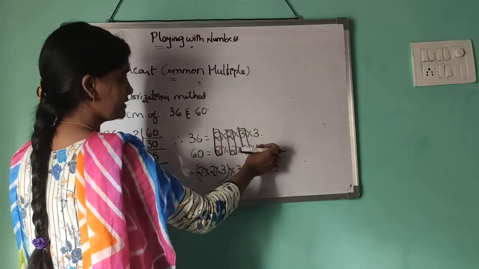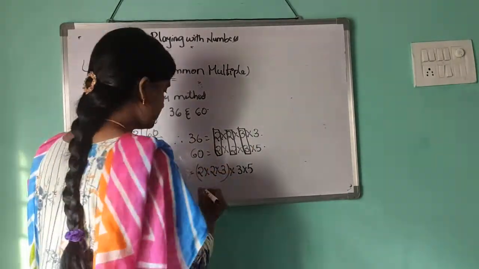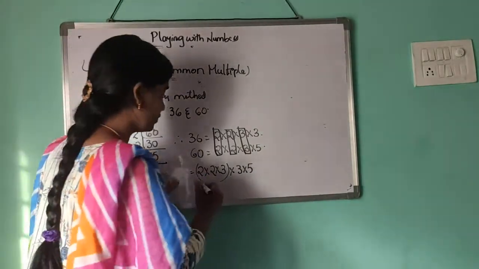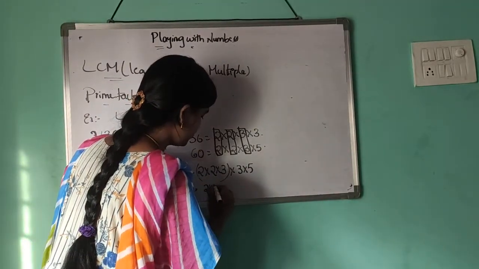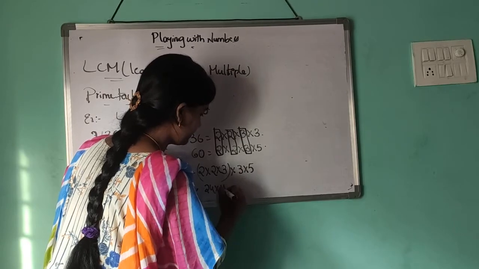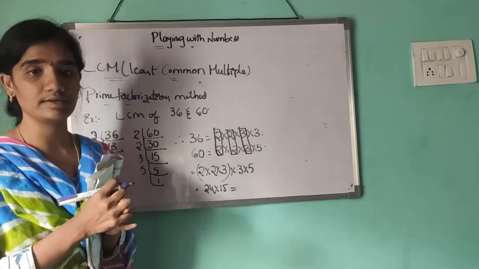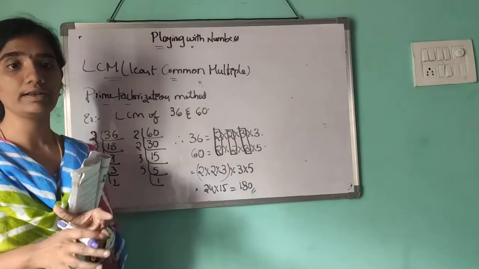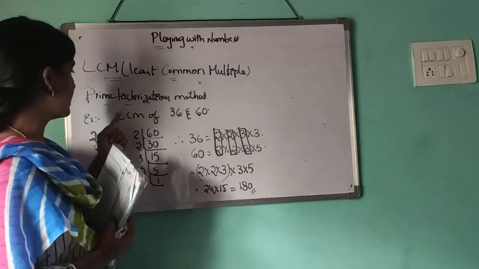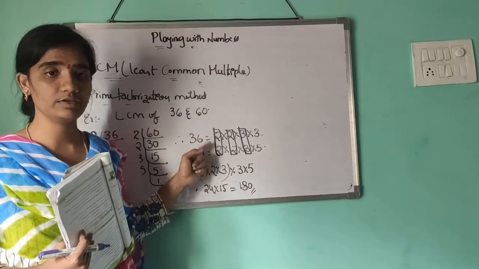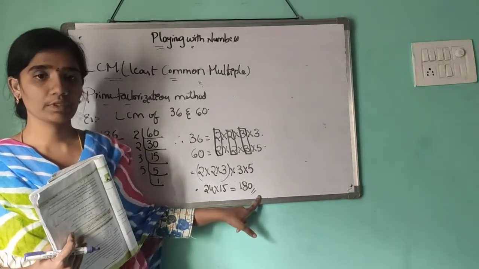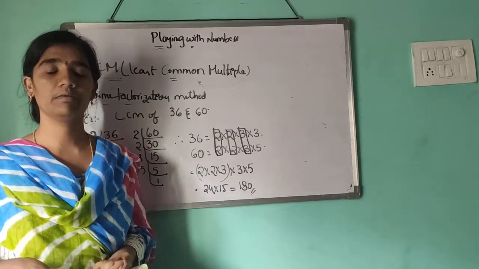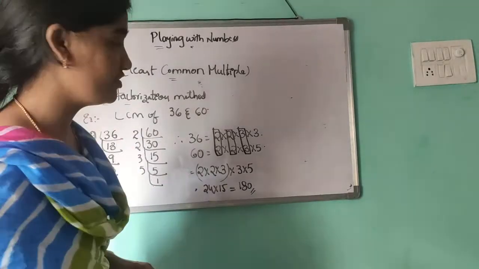Here the leftover numbers are 3 and 5. So 2 twos are 4, 4 threes are 12, 12 into 3 fives are 15, giving 180. So the answer is 180. LCM of 36 and 60 is equal to 180, using the prime factorization method.